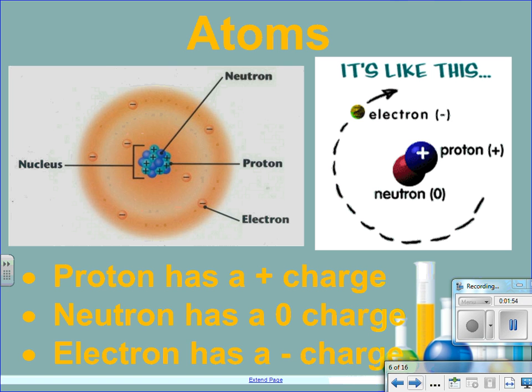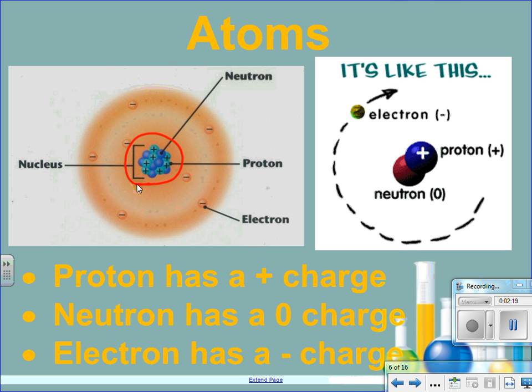Now, the parts of the atoms, if you remember, we had our Matterville story and the nucleus arcade. The nucleus is the center of the atom. And who likes to hang out in the center of the atom? Well, two girls like to hang out in the center of the atom, if you recall.